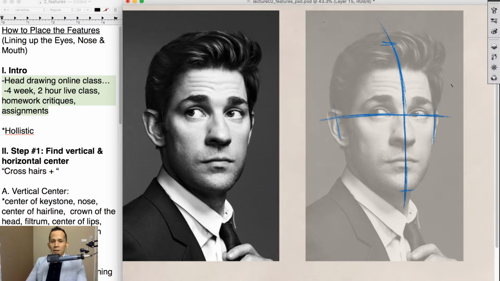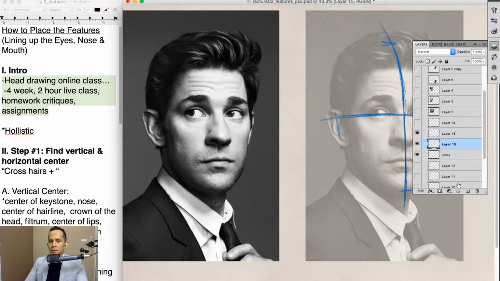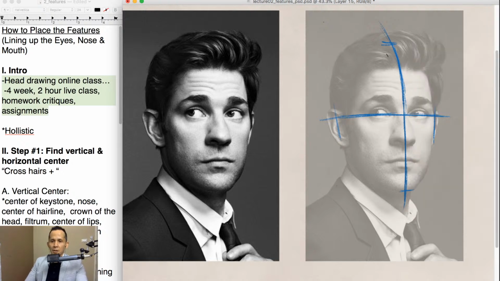Okay, now the other measures we want to find will help us to place the nose, the mouth, the eyebrows, all these other secondary characteristics. So let's look for our first set of vertical measures, and the most important vertical measure to me is the hairline.